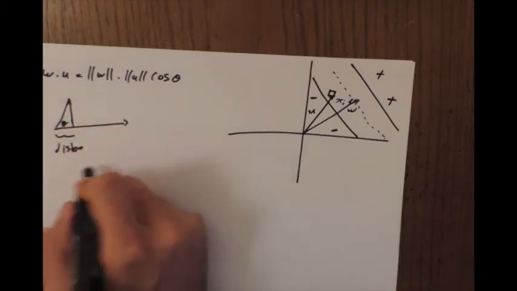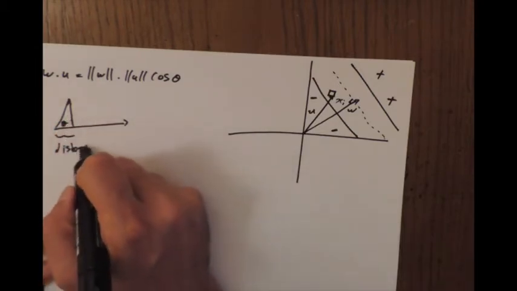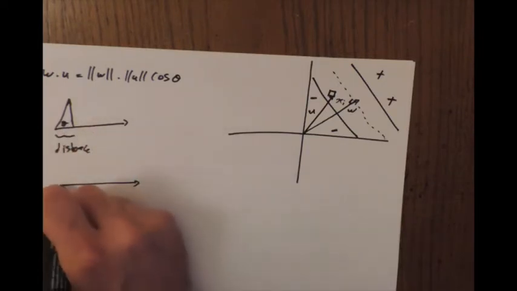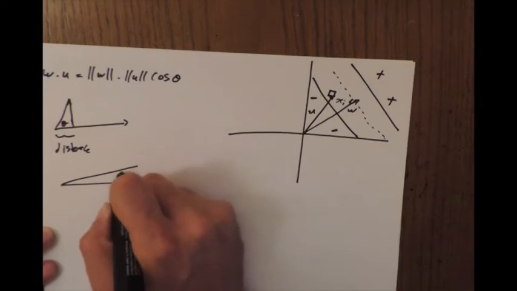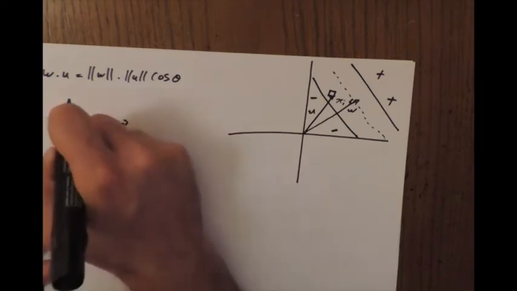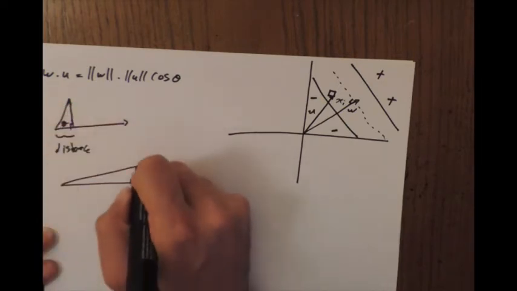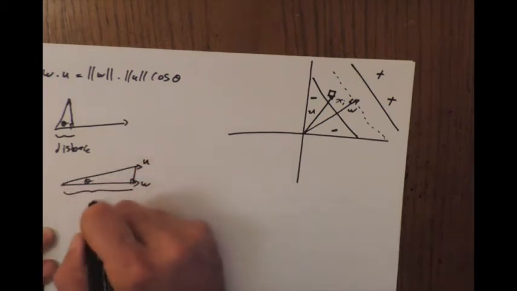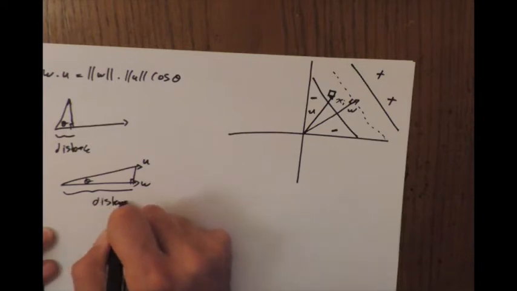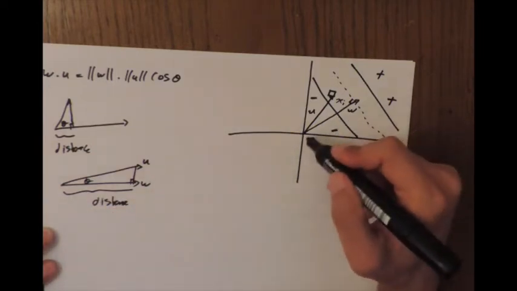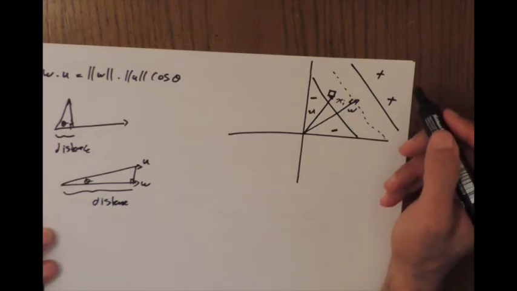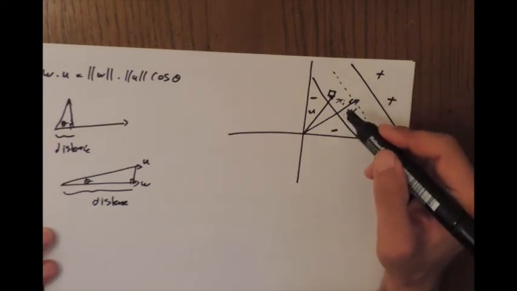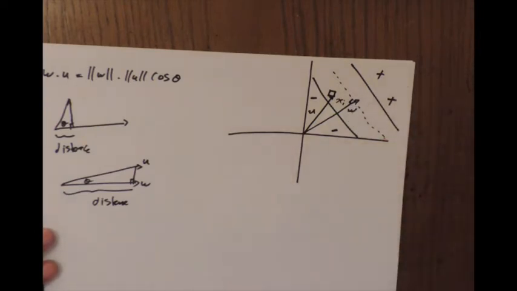Similarly, if we take the projection again, here we have a smaller angle and a larger distance. This is W, and this is U. So the larger the distance from the origin, the more it belongs to the positive class, and the smaller the distance is, the more it belongs to the negative class.